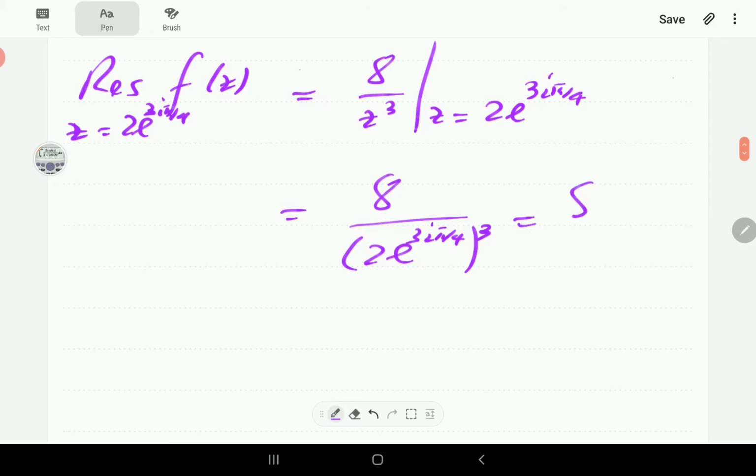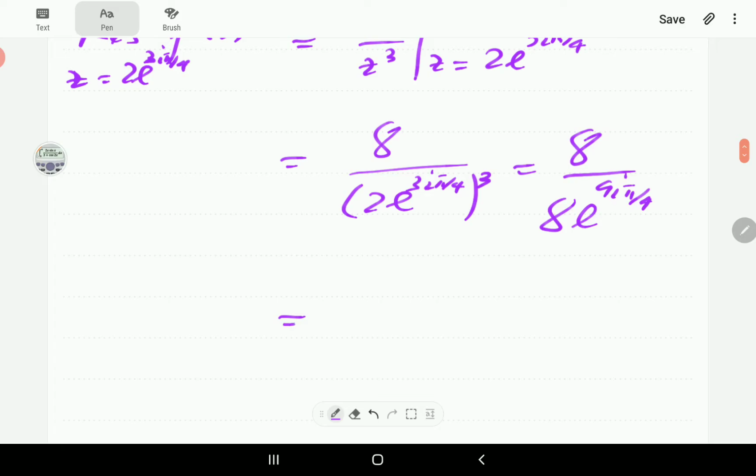So it's going to be 8 over 8e to the 9i pi on 4. So this is going to be 1 over e to the 9i pi on 4.